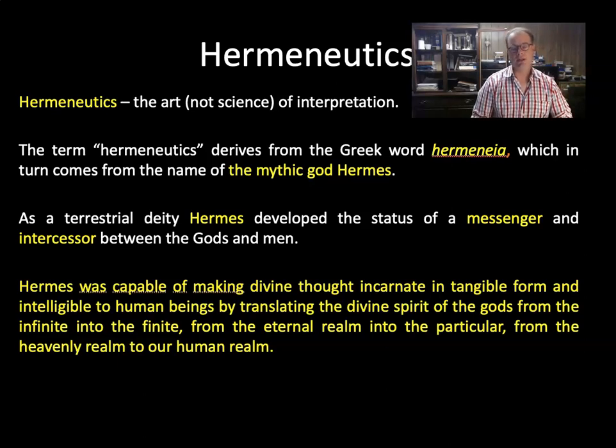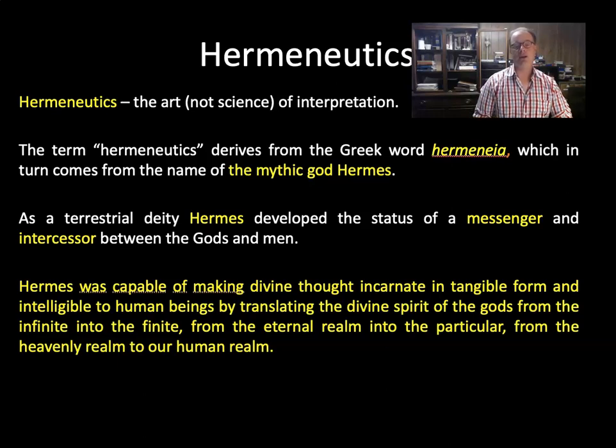And this word historically used to be connected with the interpretation of religious texts, which are understood as inspired text, literally the word or the voice of God. So hermeneutics derives from the word hermeneia, which in turn comes from the mythic god Hermes.